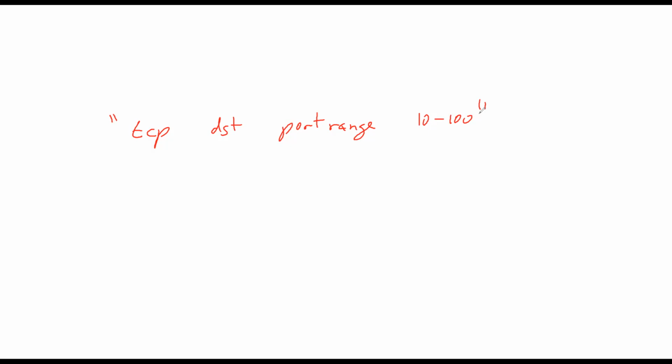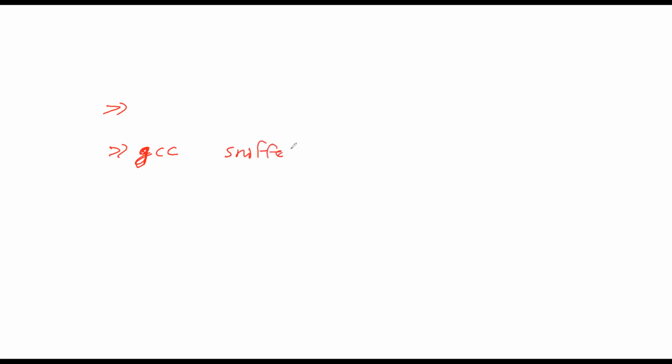To compile, if you don't remember how to compile a program, let's assume that you're on the terminal and you have the sniffex.c file already downloaded. Then all you have to do to compile is run gcc sniffex.c, and then you need to include usually the libpcap library.